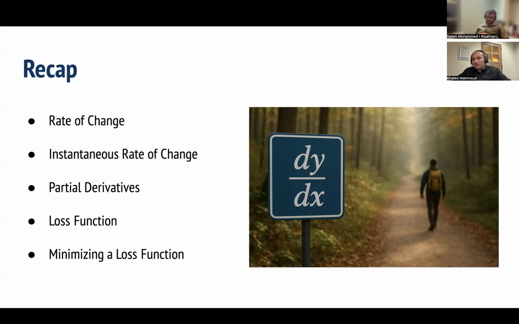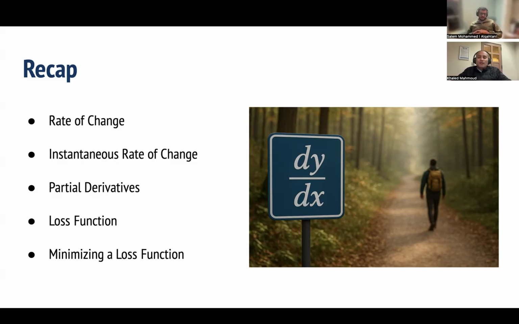And partial derivatives are nothing but the same as derivatives in two dimensions, when we fix all the variables in the function except for one variable. And we have shown that partial derivatives are not really as scary as we thought.